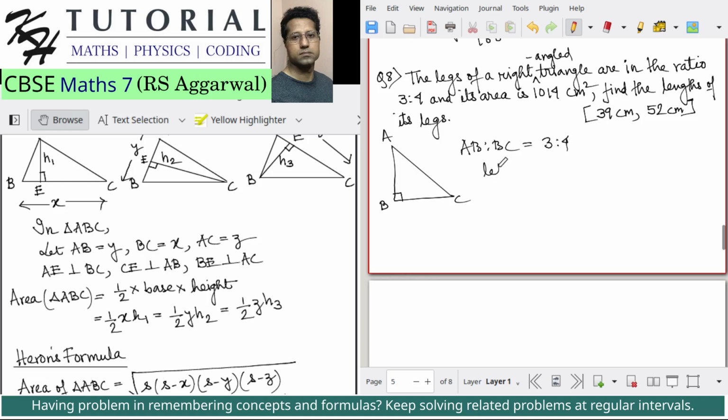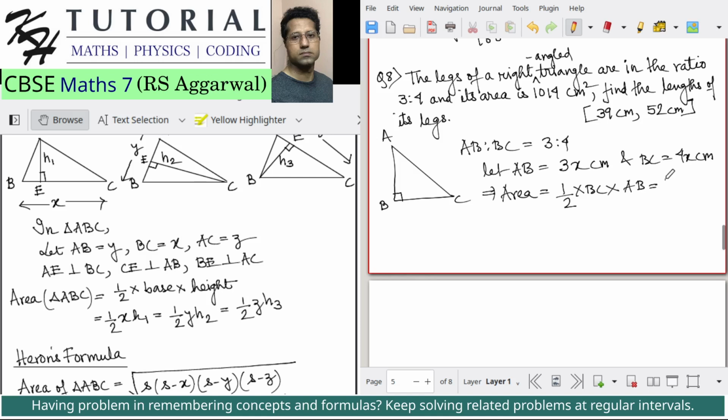Okay, since the area is given in centimeter square, let AB is equal to, based on the ratio, 3x centimeter, and BC is equal to 4x centimeter. So this implies area will be equal to half into base, which is BC, multiplied by height, which is AB.